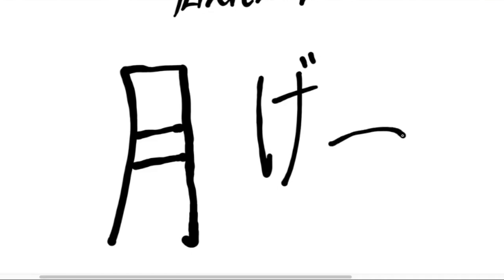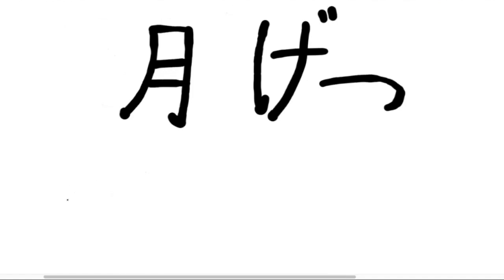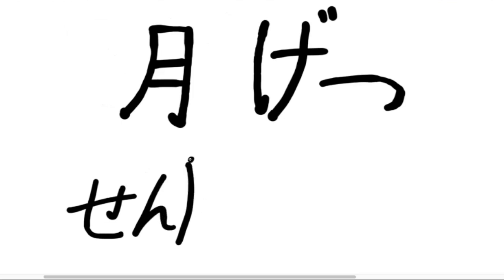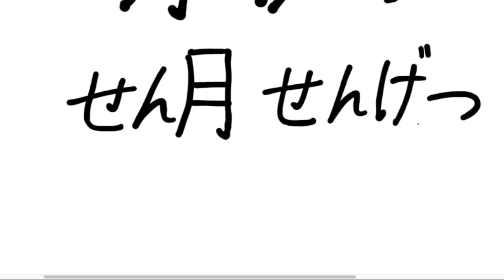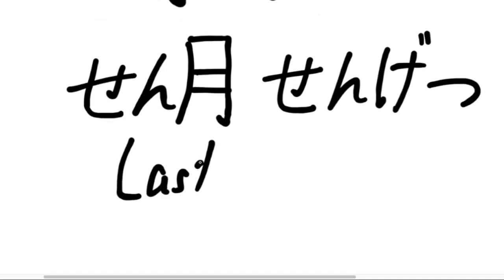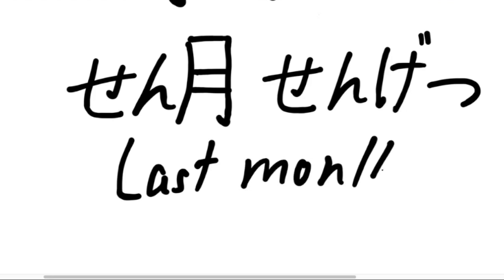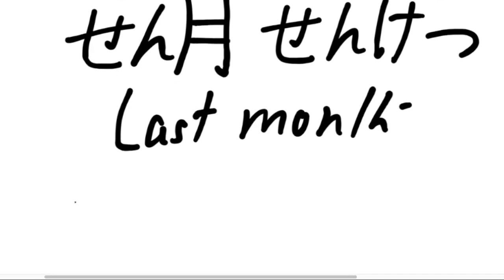If this kanji is not immediately followed by a number or numerical, then it will give getsu sound, which is the second onyomi of it. Sengetsu means last month.